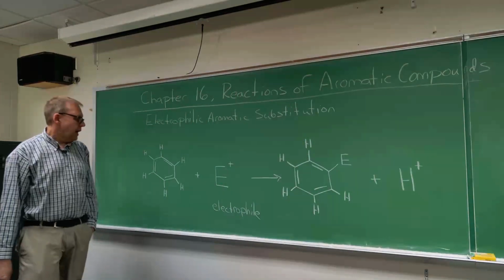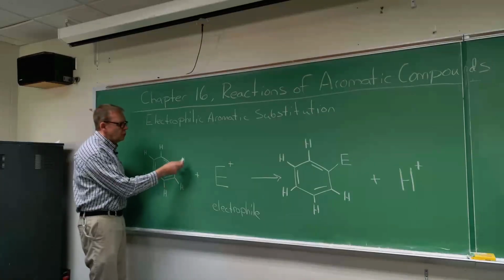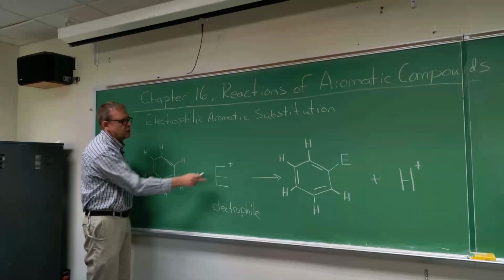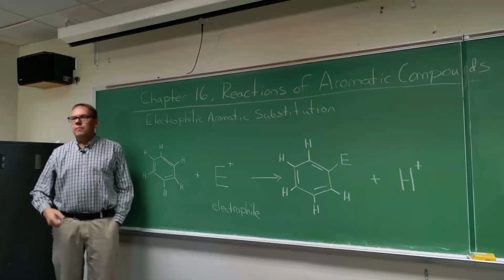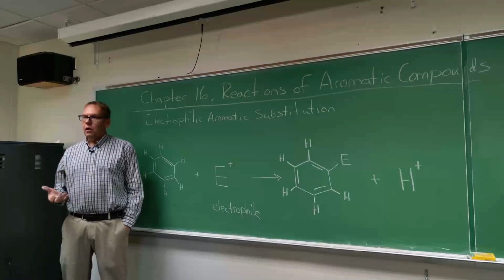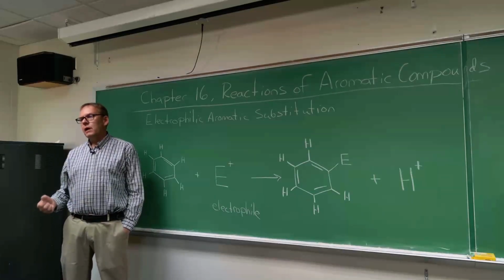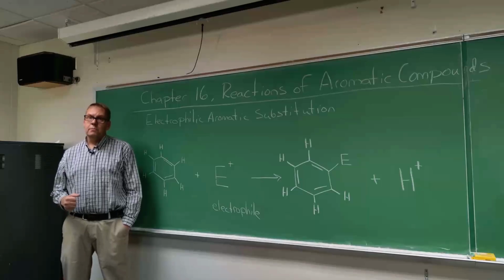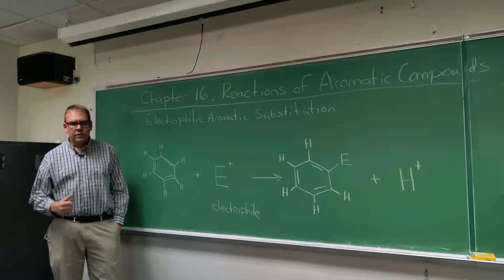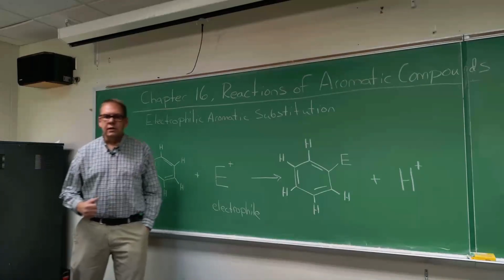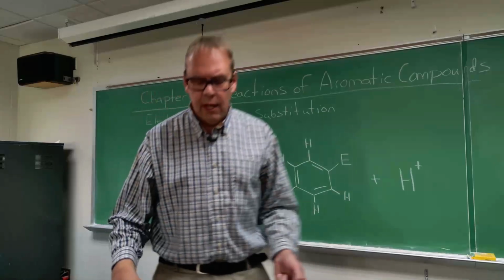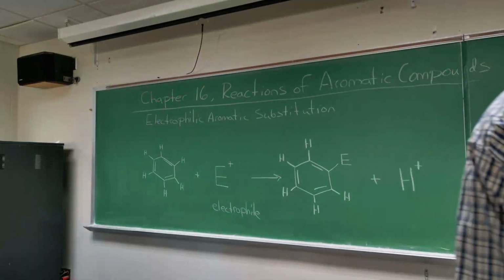So that's electrophilic aromatic substitution, and essentially it's just one of the hydrogens swapping positions with the E+. That's the overall result. The mechanism's a little bit more involved than that, and we're going to talk about the mechanism. Understanding mechanisms is really important because it'll allow you to understand what's going on in the reaction, and then you can start predicting what products will be based on some resonance trends.